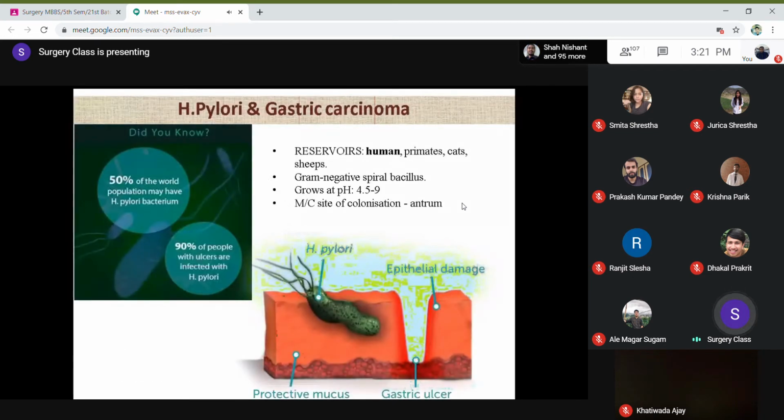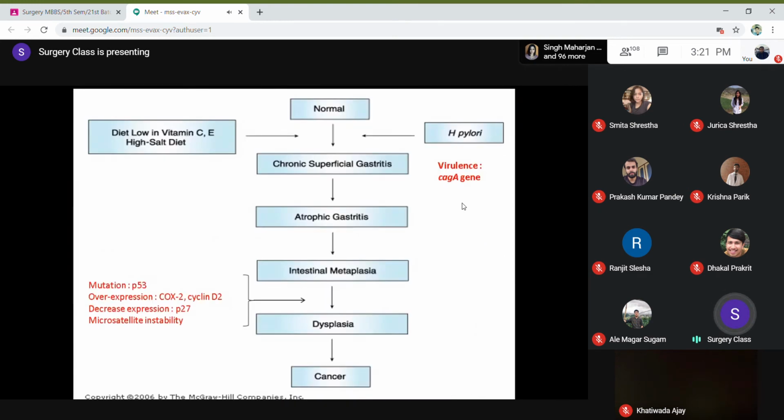So if you see the relation of Helicobacter pylori and gastric carcinoma, can you see the Helicobacter pylori residing in the stomach where the pH is 4.5 to 9? And the most frequent site of colonization is the antrum. And you can see how the Helicobacter pylori, with the help of the CagA gene, leads to chronic superficial gastritis, atrophic gastritis, intestinal metaplasia, and after intestinal metaplasia takes place, the mutation.